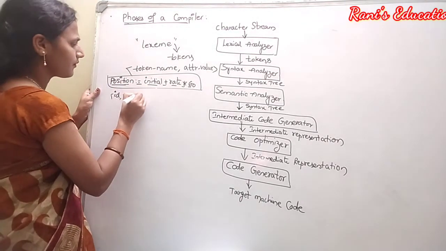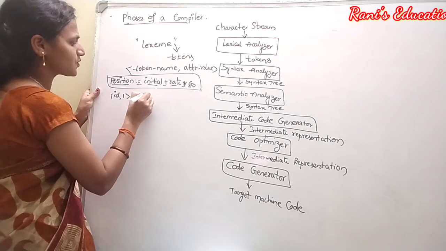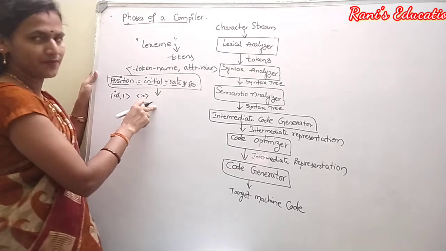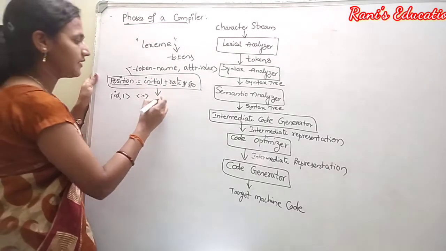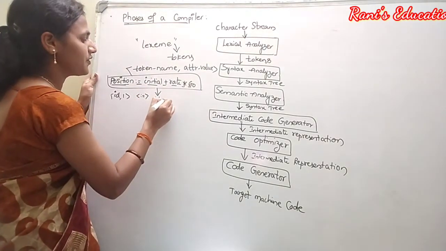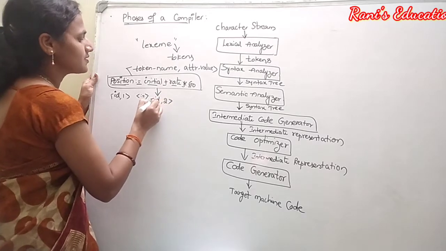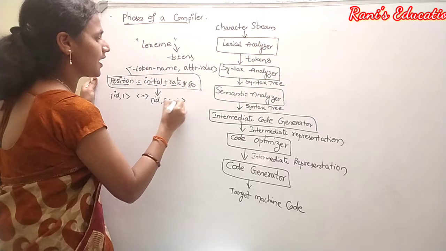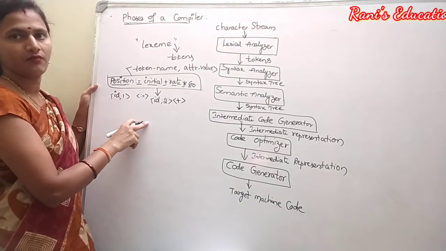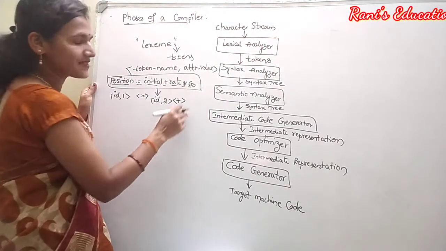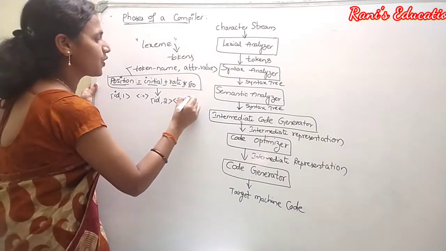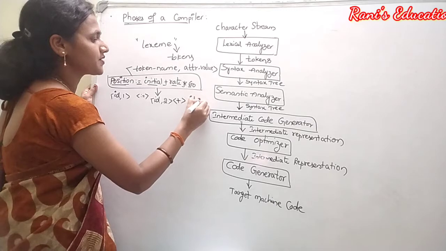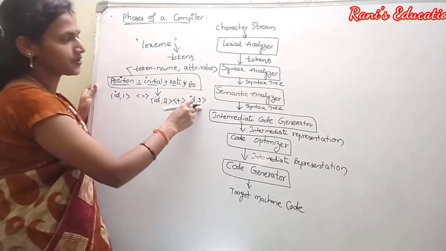Then the assignment operator is also one lexeme here, and initial is another lexeme, which is also an identifier, stored in symbol table entry 2. Then plus is also a lexeme. Then rate is an identifier, so we write ID, which is stored in symbol table entry 3.